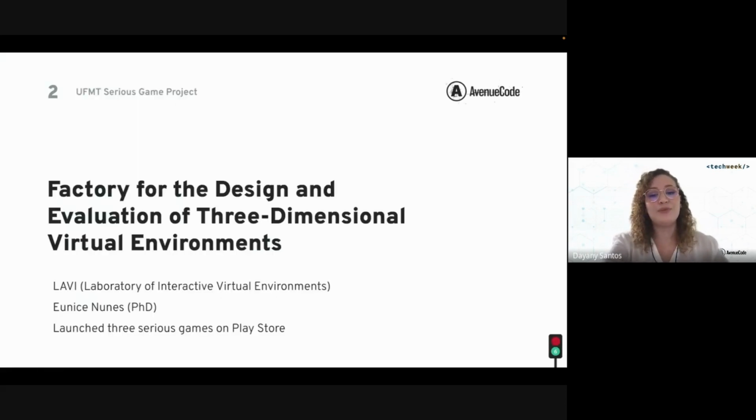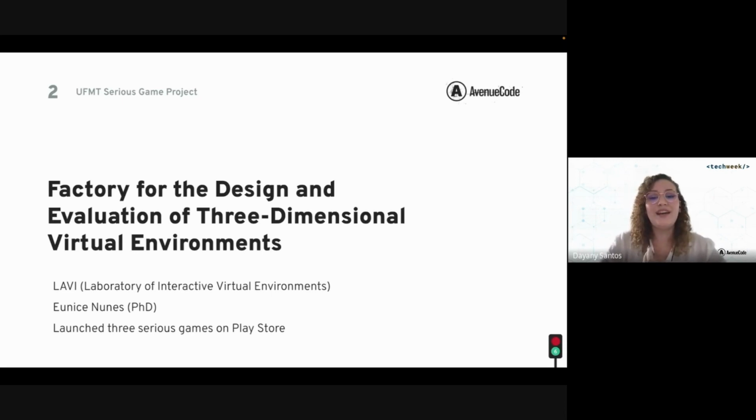The name of the research was Factors for the Design and Evaluation of Three-Dimensional Virtual Environments. This project is part of the LAVI, Laboratory of Interactive Virtual Environments. If you want, I can share a link so you can learn more about LAVI later. And the project is run by my teacher and PhD, Eunice Nunes.